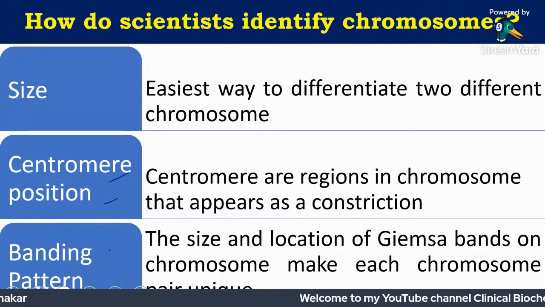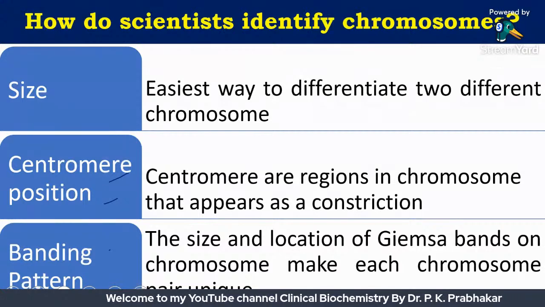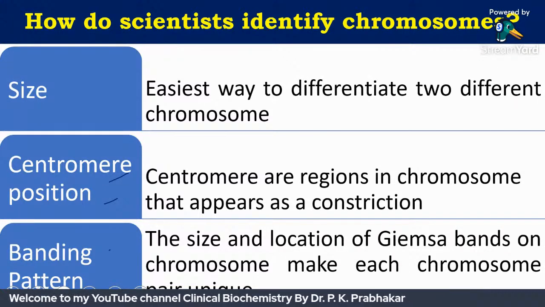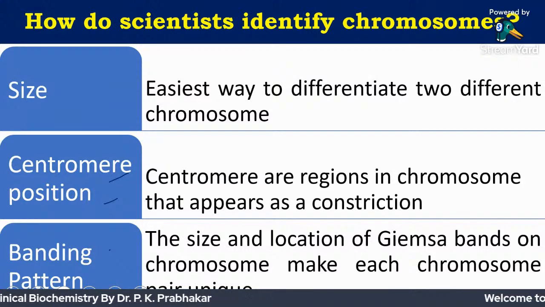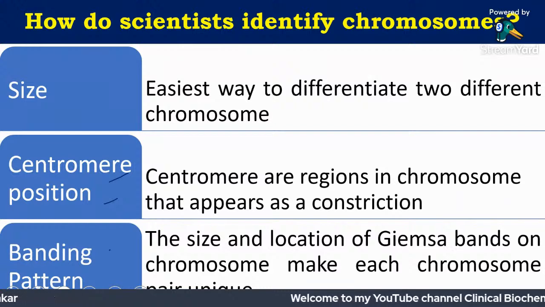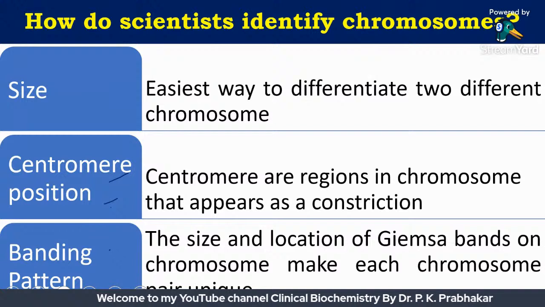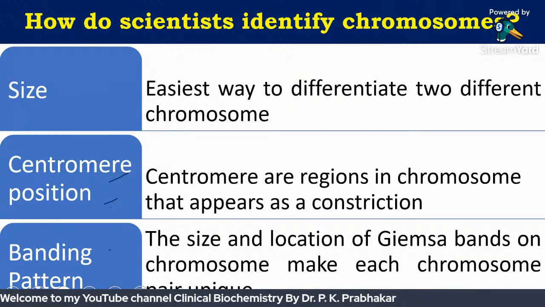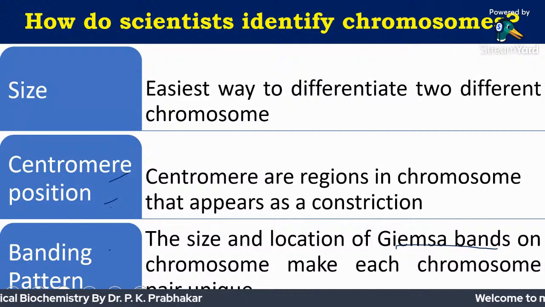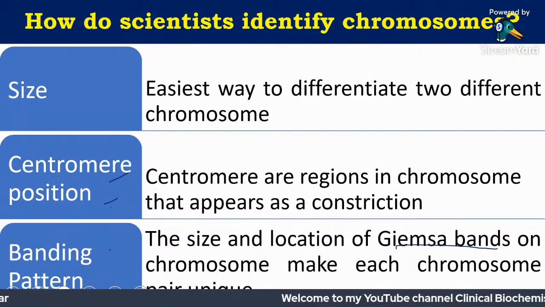The size is the easiest way to differentiate 2 chromosomes, because you can just arrange them in a karyogram, see the size, and differentiate them on the basis of their size. Then on the basis of centromere position, chromosomes can also be grouped. And then we have banding patterns, where you can use Giemsa bands or other kinds of fluorescent dyes, and then differentiate them.